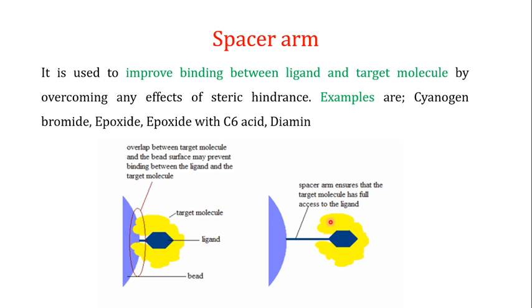If you talk about some of the examples that are used currently, one example of the spacer arm is cyanogen bromide, the other one is epoxide, the other one is epoxide with C6 acid, or you can actually use diamine. So the spacer arm is improving the binding of the ligand and the target molecule by overcoming any effect of steric hindrance.